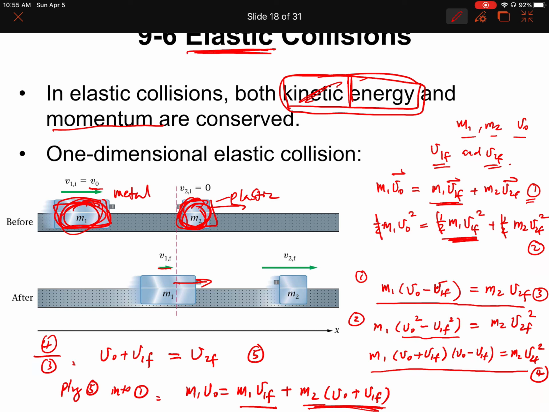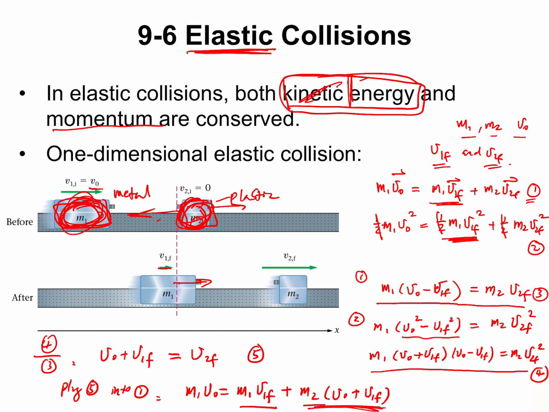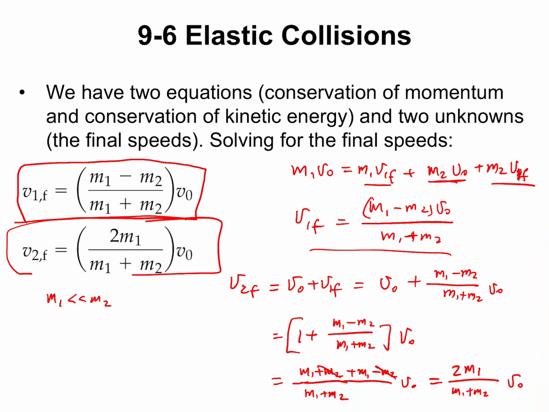By intuition, we know the ping pong ball will bounce back, and the bowling ball will have almost no motion at all. Like a ping pong ball hitting a wall, it bounces back and the wall has no change. So if that happens, we know v1f equals, well, m1 we ignore because it is so small.